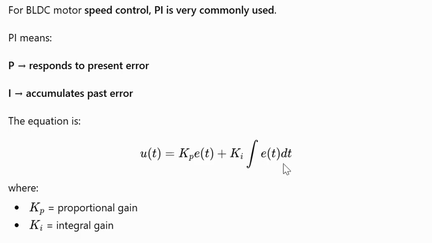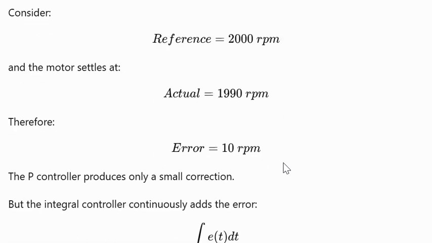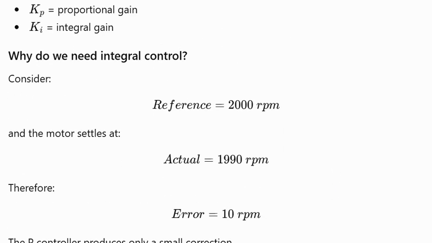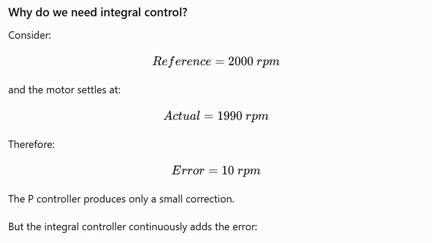Okay, so why do we need integral control? Let us consider a reference RPM and actual RPM, where we are getting a 10 RPM error.